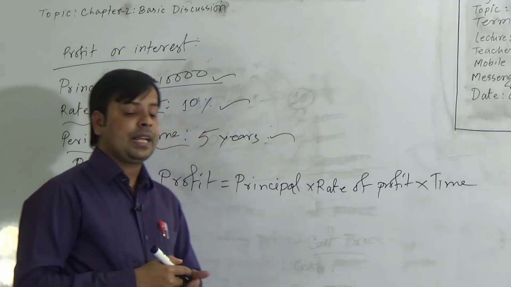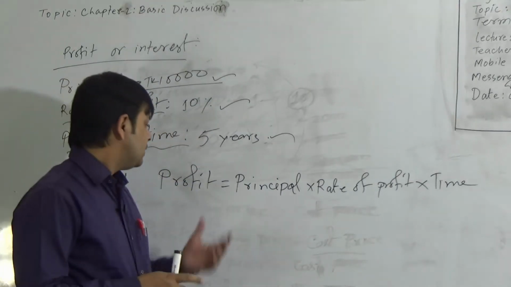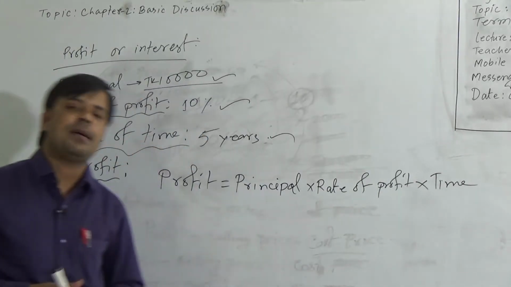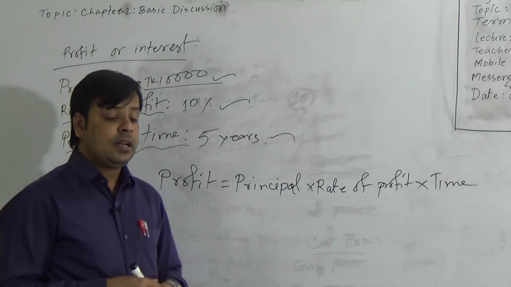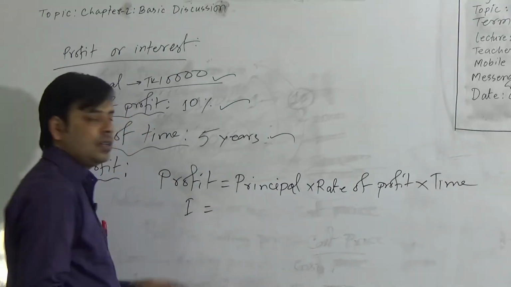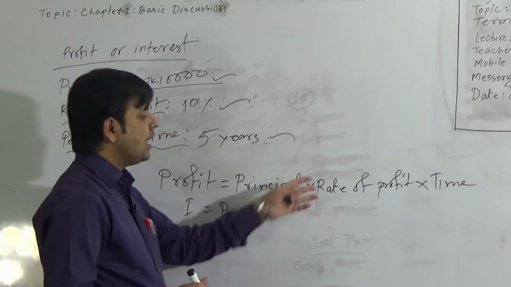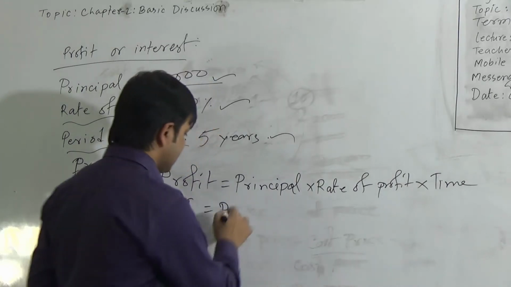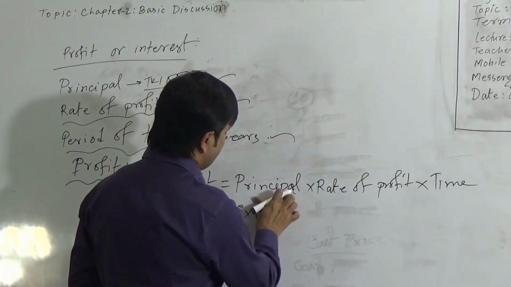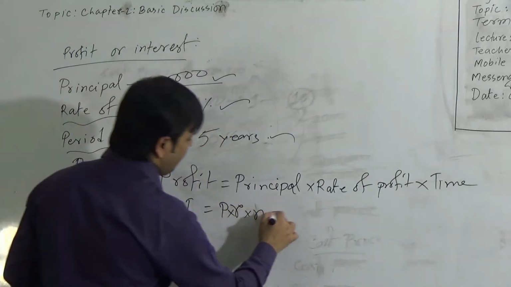Now in this case, if we denote profit, principal, rate of profit, time by using some algebraic symbols, we will get the formula. For profit we are taking I, for principal we consider P, for rate of profit we consider R, and for time we consider T or N. So we will get I equal to PRN.